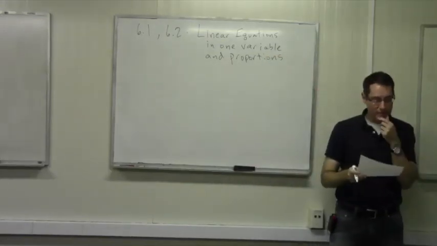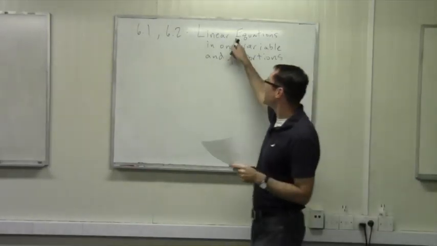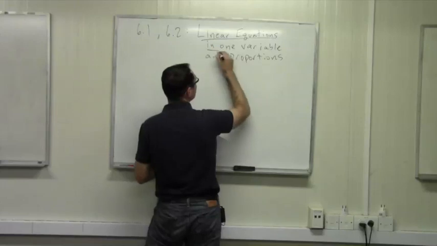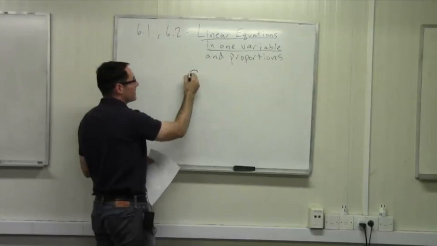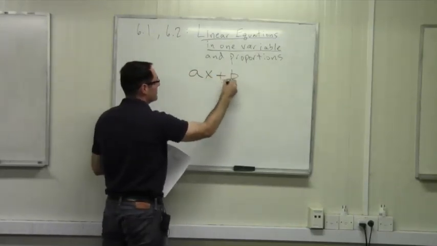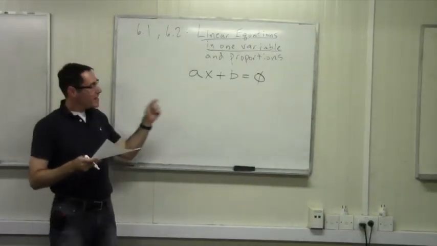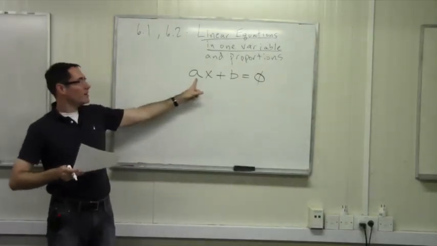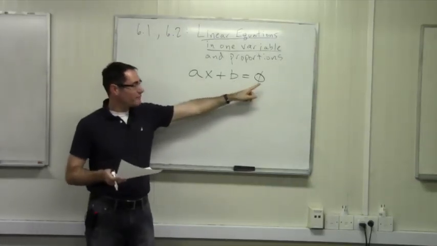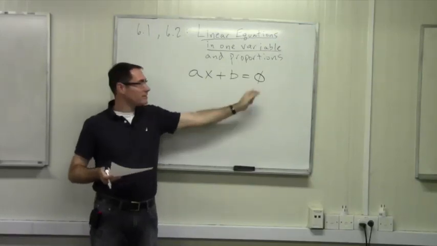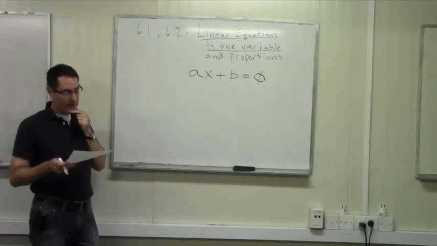A linear equation in one variable is an equation that you can write like this: ax plus b equals 0. A has to be a real number, and it can't be 0. B has to be a real number, and you have to be able to have the 0 over there. That is a linear equation in one variable.